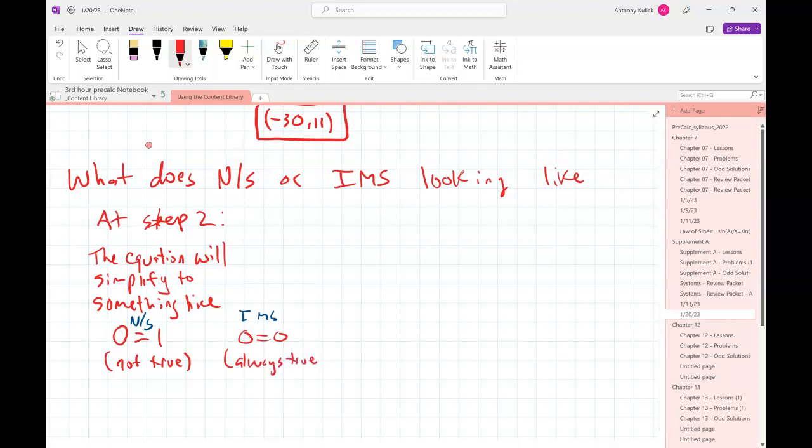Some statement that's always true. 1 equals 1, 7 equals 7, 5 equals 5, -3 equals -3. Something that's always true. That's going to be our indicator that we have infinitely many solutions. Just as an aside, we'll circle back and do some more examples with that, but it's the same idea.